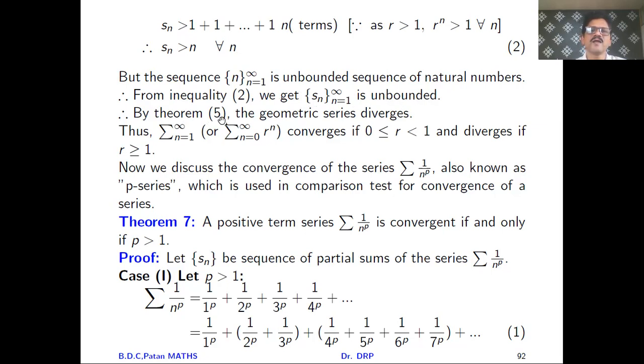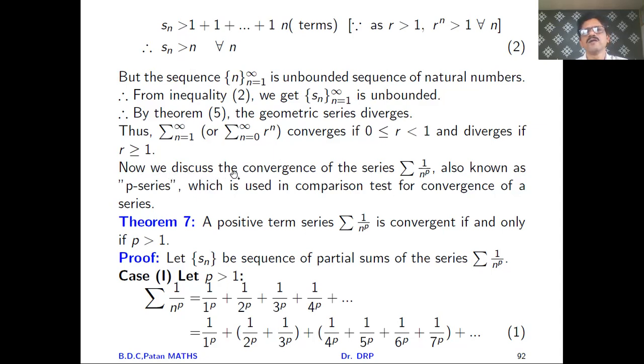But by theorem 5, which we studied yesterday, the geometric series diverges. So thus, summation n from 0 to infinity of r raised to n converges if r takes values greater than or equal to 0 but strictly less than 1, and diverges if r takes values greater than or equal to 1. So easily we have proved that part also.